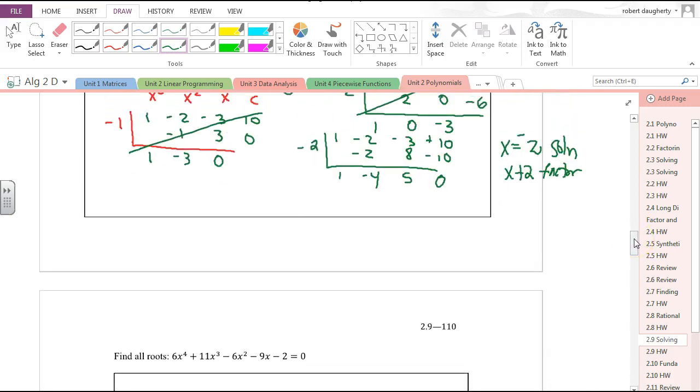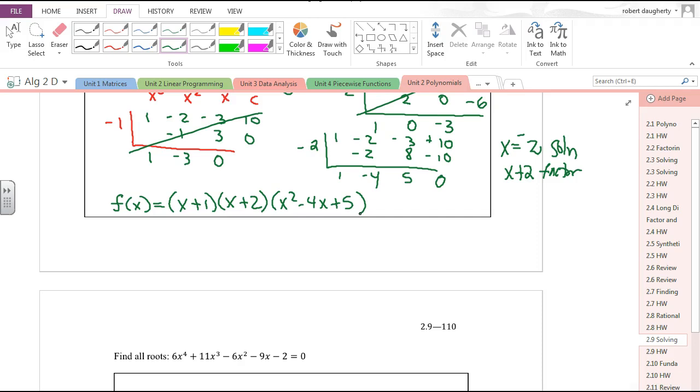So in this case, I've got f of x equal, what are the factors? X plus 1, x plus 2, and what is this right here? That's x squared minus 4x plus 5. Okay.